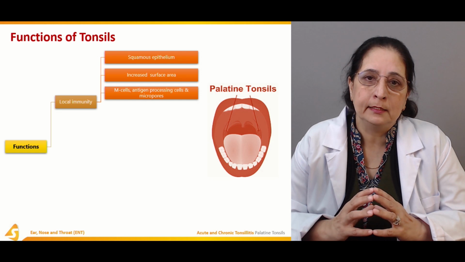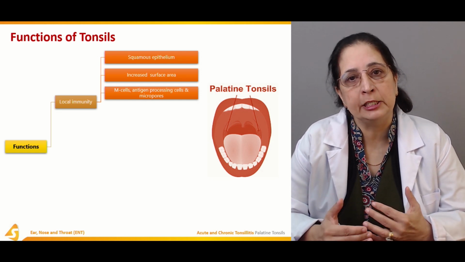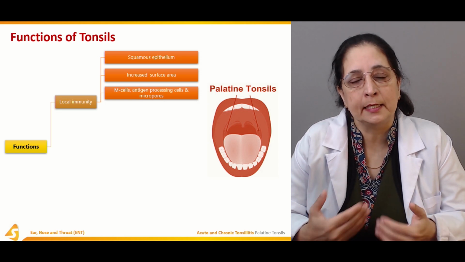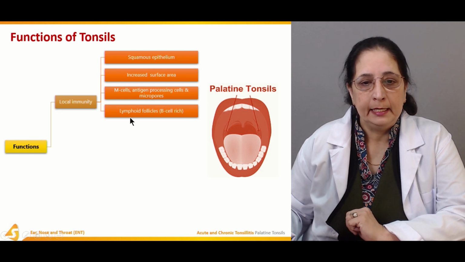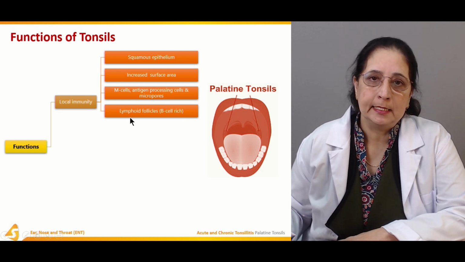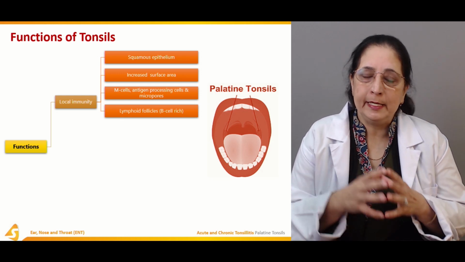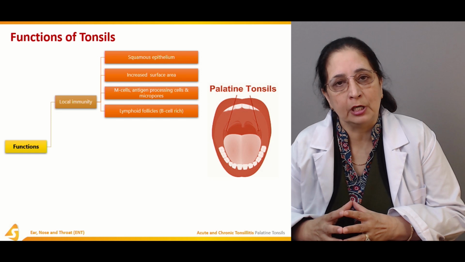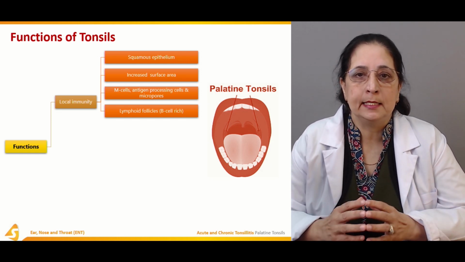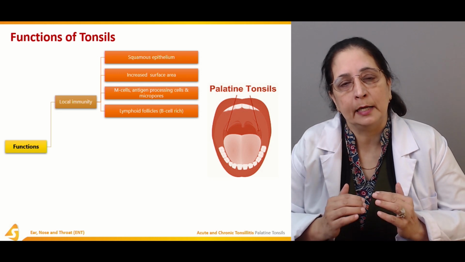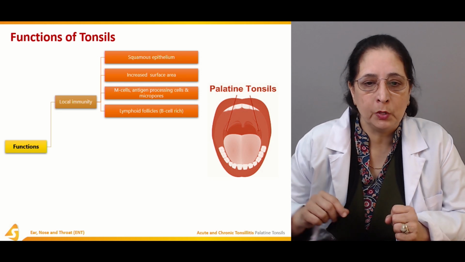So these cells are present in the tonsils that recognize the antigen and help in processing the immune response. Then we have the lymphoid follicles present in the tonsils, which are rich in B cells. B cells, M cells, which are macrophages, and B and T lymphocytes are all very important cells that play an important role in the immune system.